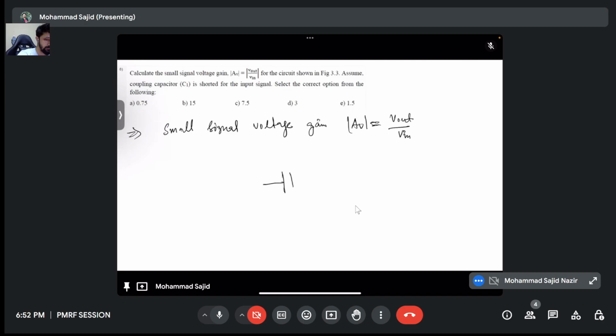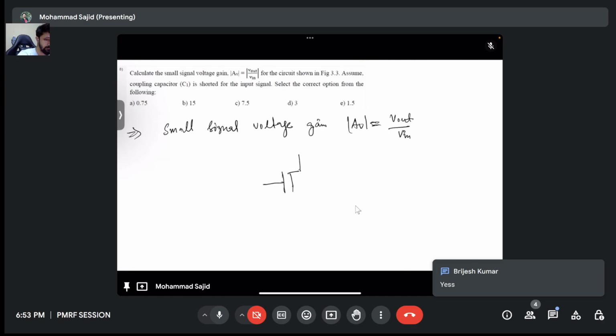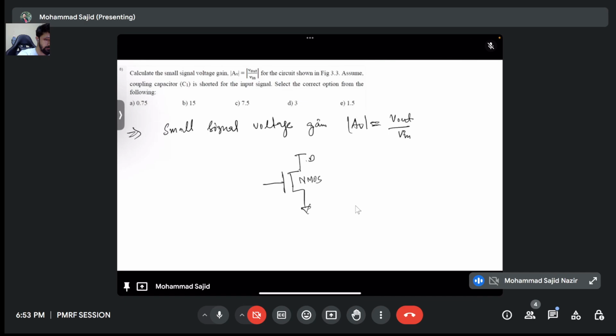Okay, let me just give you this. Let's say this is NMOS, this is drain, this is source, this is gate. Its equivalent circuit will be, without channel length modulation, this. This will be its equivalent circuit, right?